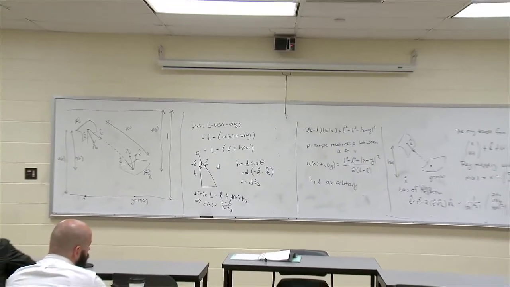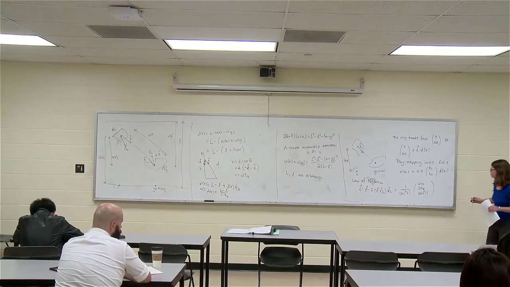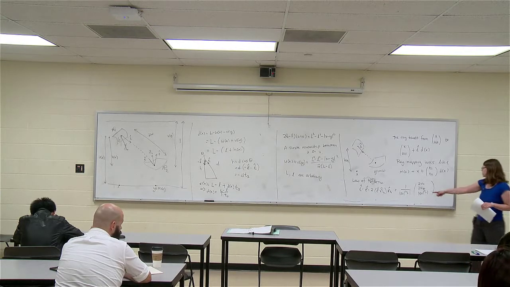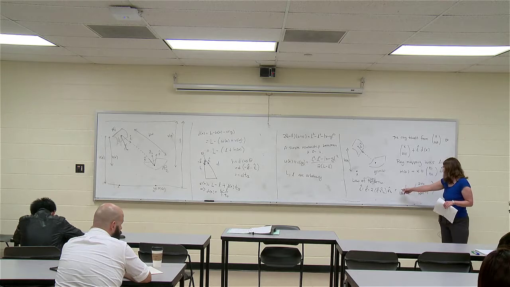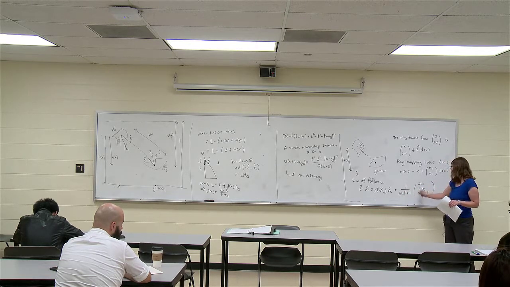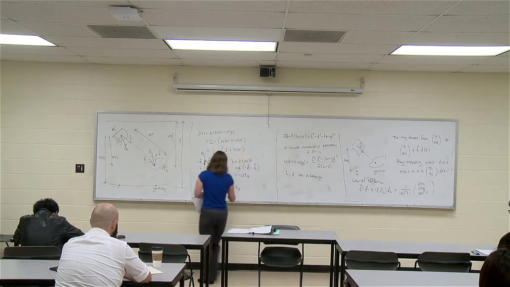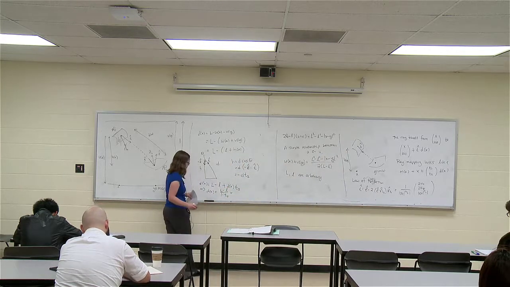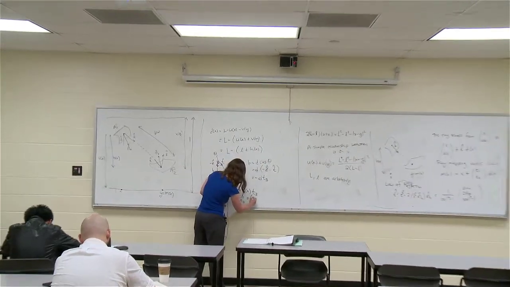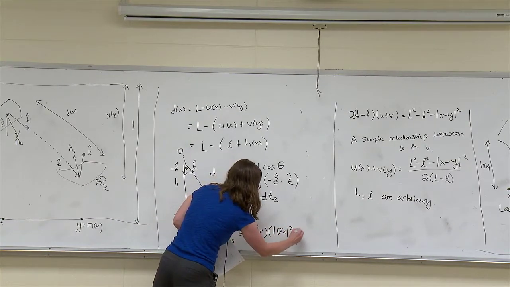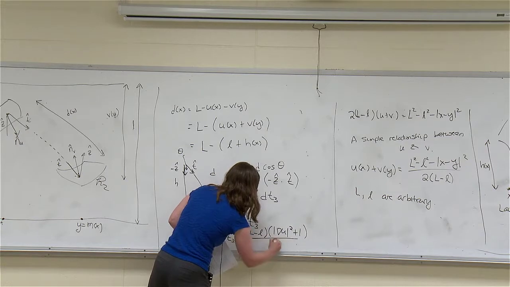Okay, t3 is all of this. So 1 minus t3 is going to be grad u squared plus 1 minus all of this, so 2 over grad u squared plus 1. That goes in the denominator. So I have L minus l, grad u squared plus 1, divided by 2.